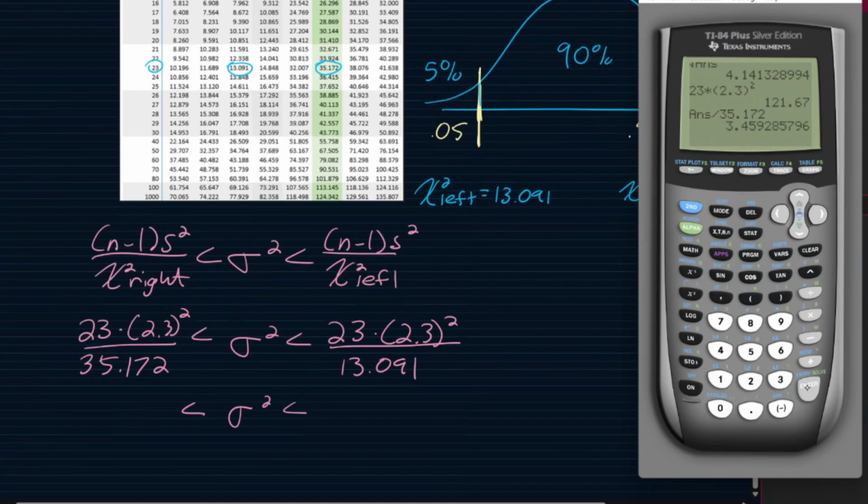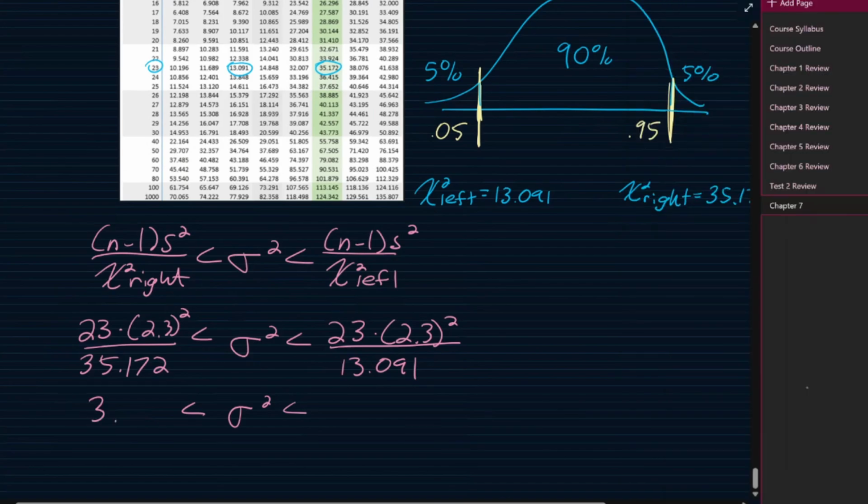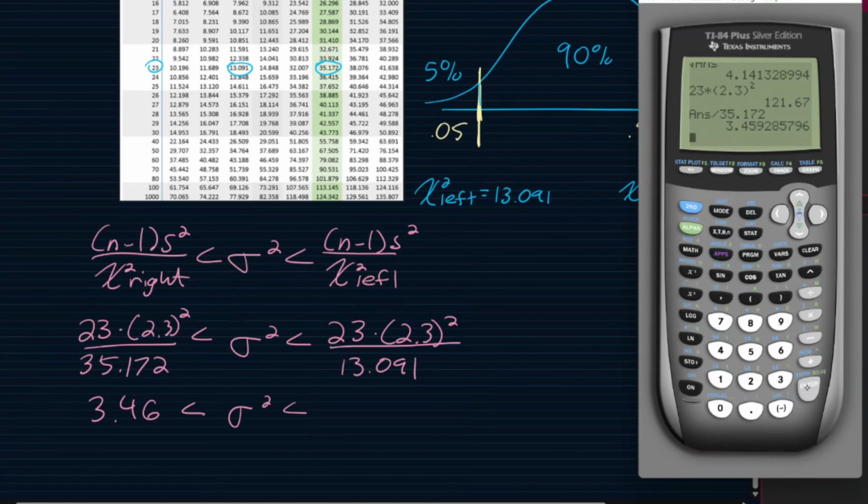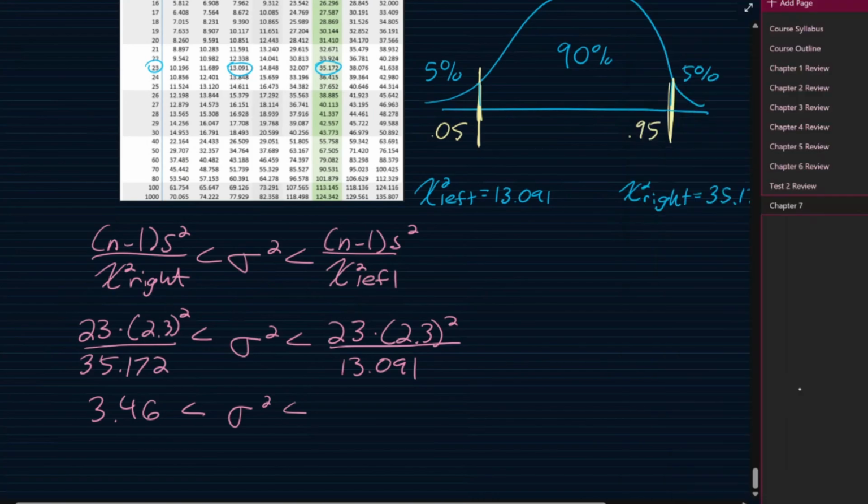And the right side, that was the numerator, 23 times 2.3 squared. And dividing by 13.091, we get approximately 9.29. So that would be our confidence interval for the variance.